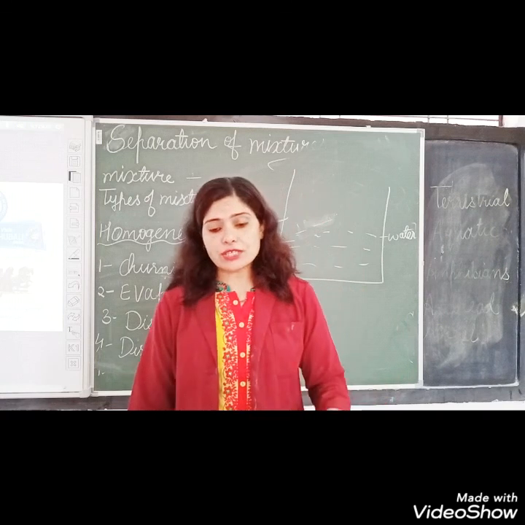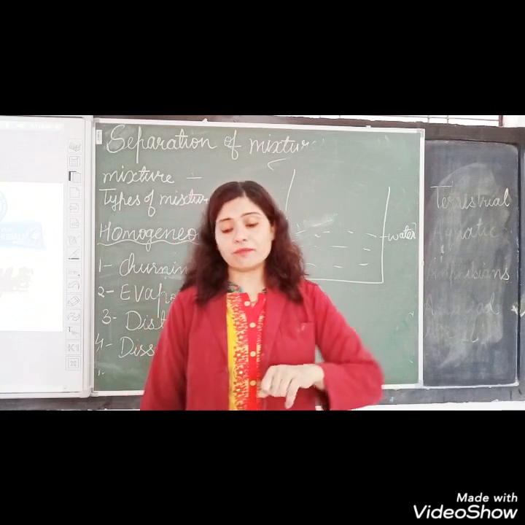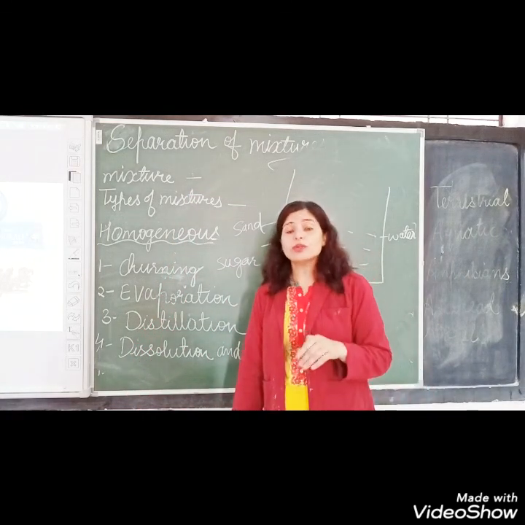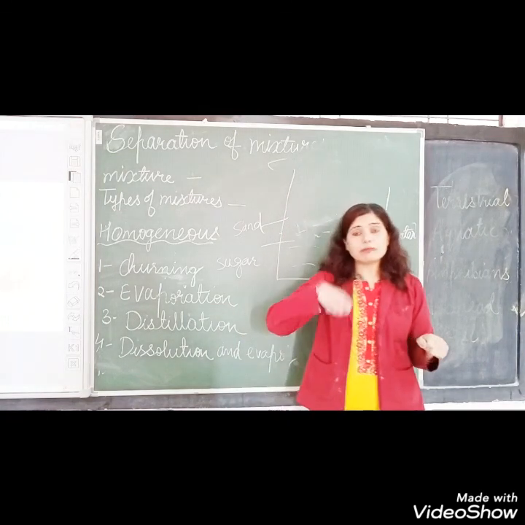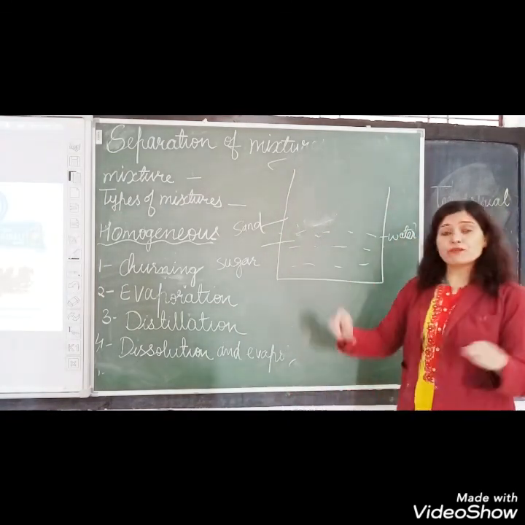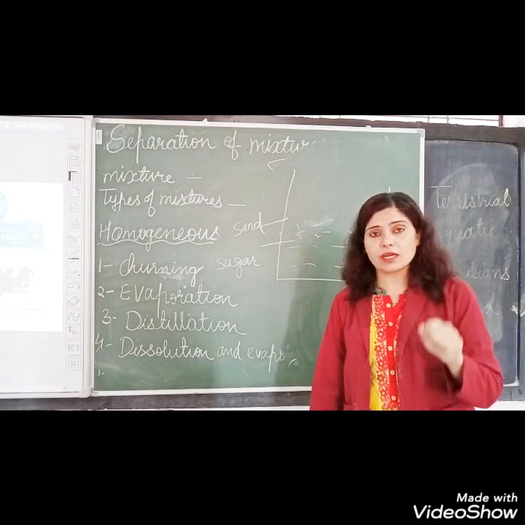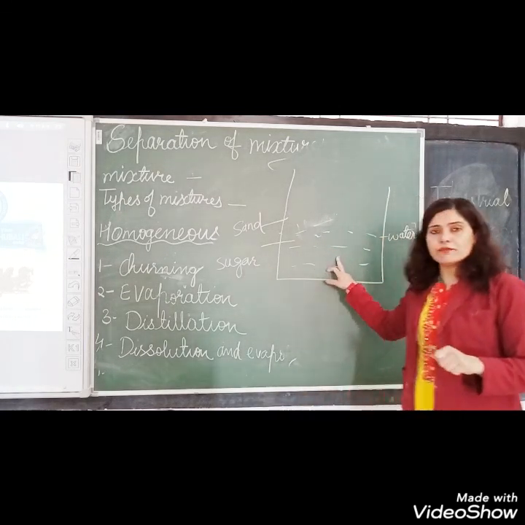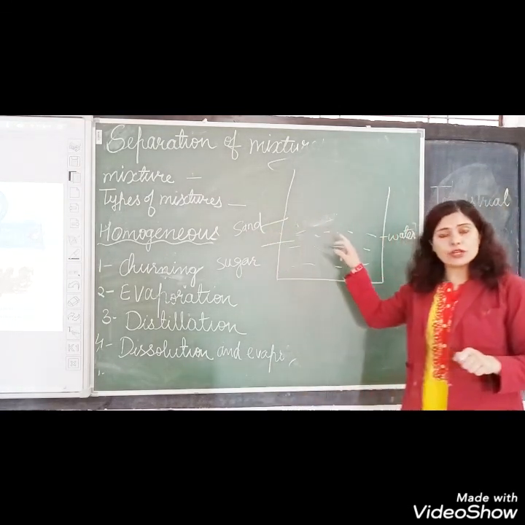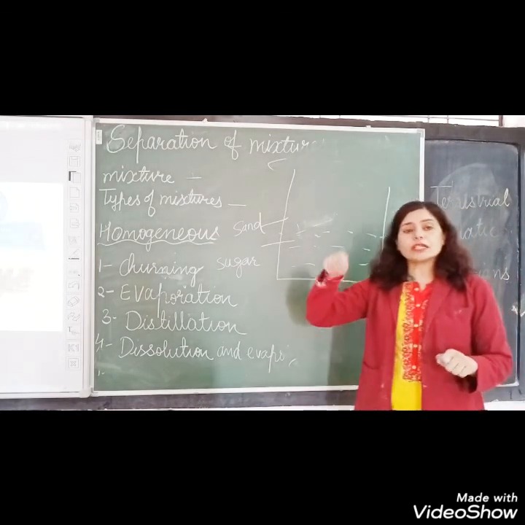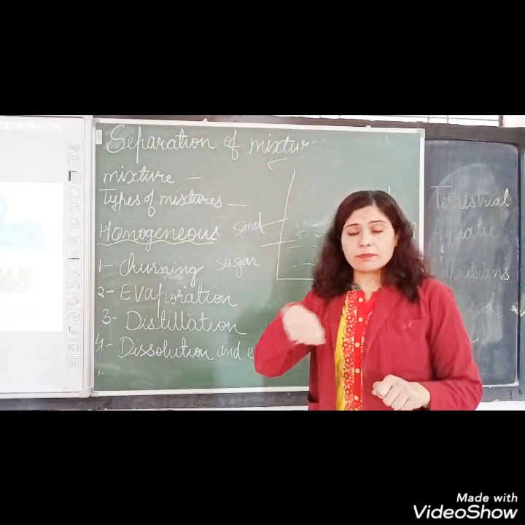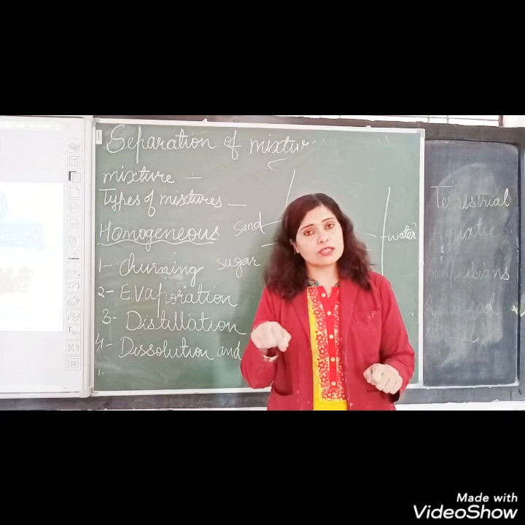Distillation and evaporation method, first of all what will we do? First we have to mix this solution, because sugar is soluble in water, and sand is insoluble in water. First we need to dissolve it, and the process of dissolving is known as distillation.